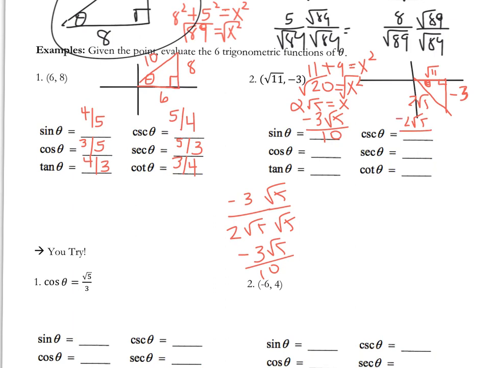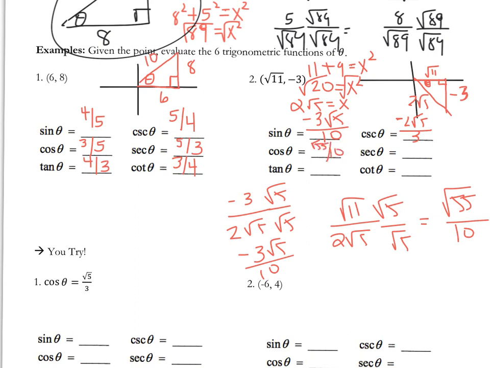So the negative always goes on the top. Negatives usually always go on the top of a fraction. Cosine is adjacent, so square root of 11 over hypotenuse, 2 rad 5. Rationalize the denominator. I have square root of 55 over 10. Can't do anything else with that.